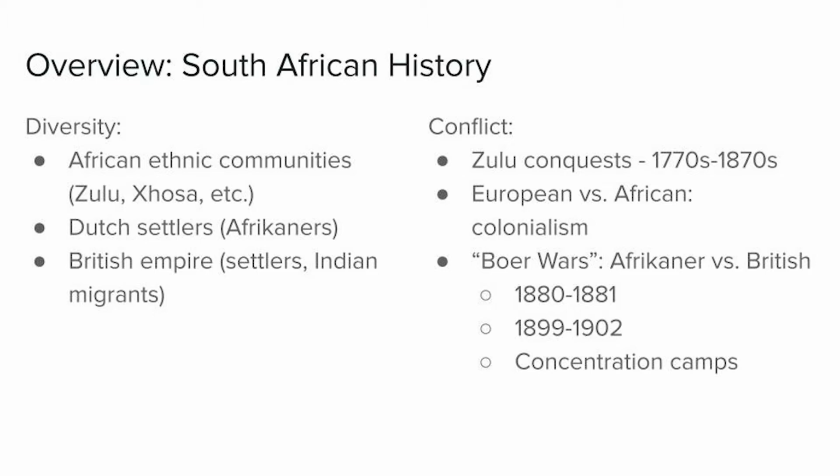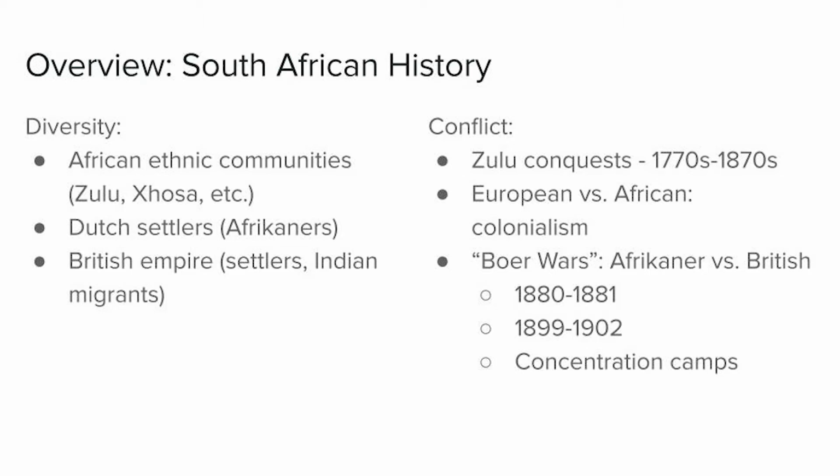Diversity in world history, we've seen, sometimes inspires innovation, sometimes inspires the spread of culture, but it also sometimes leads to conflict. And there are some notable conflicts in South African history that we want to be aware of. From the 1770s to the 1870s, the Zulu in South Africa expanded their territory significantly, moving from the southern coastlands of South Africa into the interior.